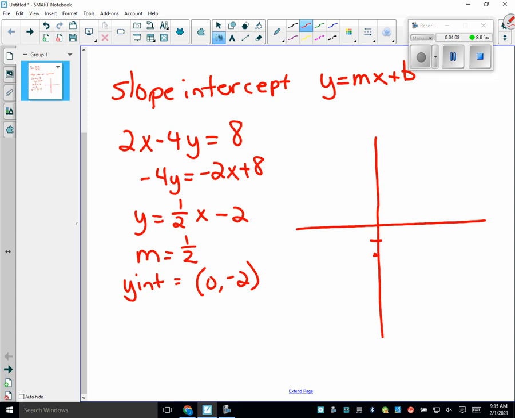You know what that means? Up and down on top, right or left on bottom, right? Up 1 over 2. So here would be my line. It is a line, which means it has arrows on the end. Correct?